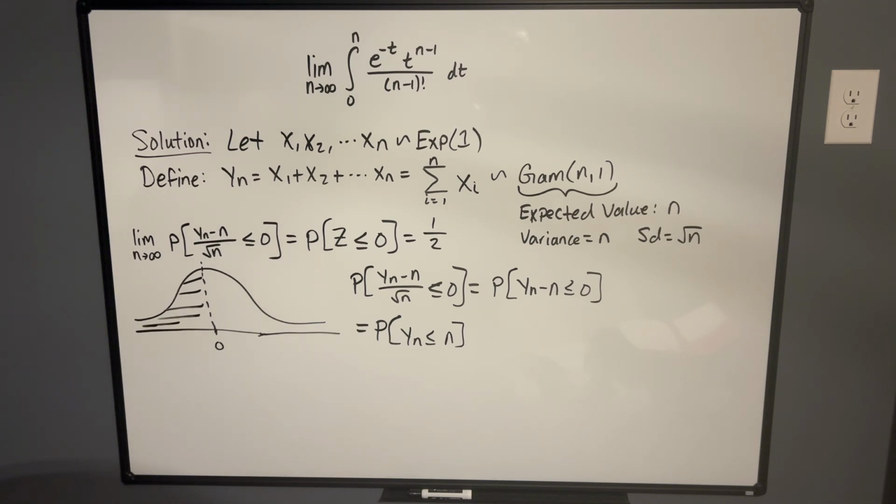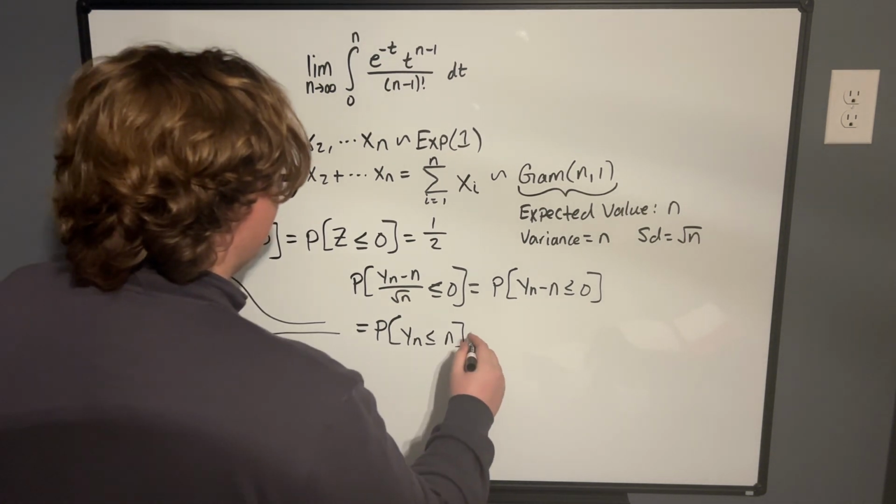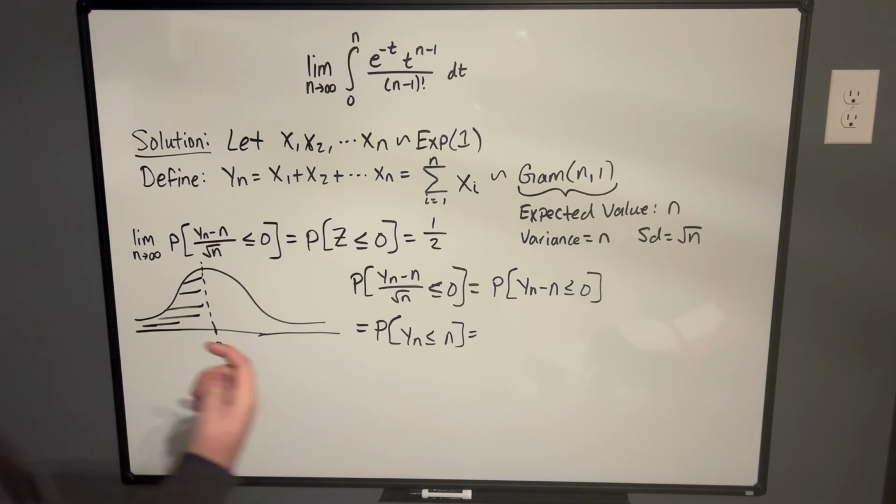Now remember how we define cumulative distribution functions. When we have something less than or equal to, this can be defined as the integral from 0 to n of the probability density function.